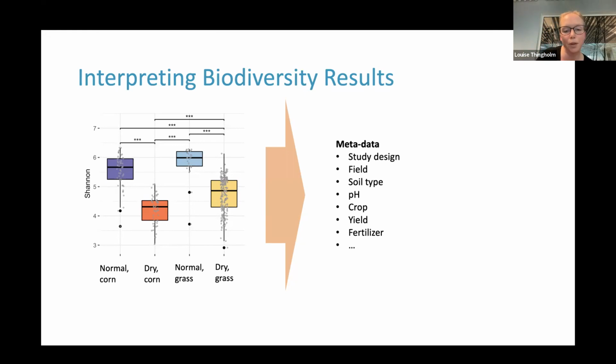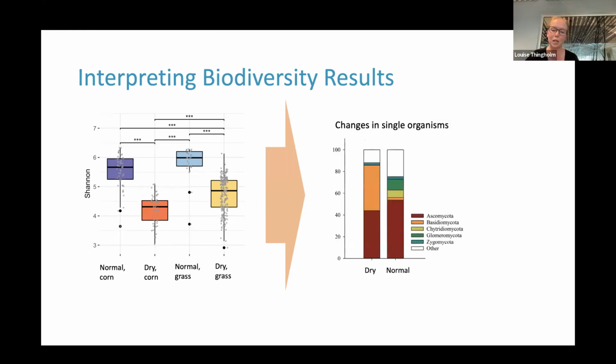But we also would like more information. So what changed? What is actually this lower diversity in the sample? So we can zoom in with the information and say, let's have a look at the taxonomic profiles. Let's look if a few microbes spike, if they suddenly take up a bigger part of the microbiome in the sample and cause this lower diversity.